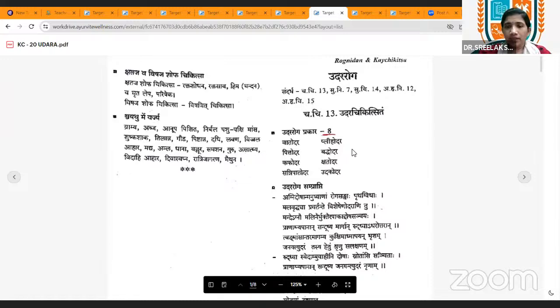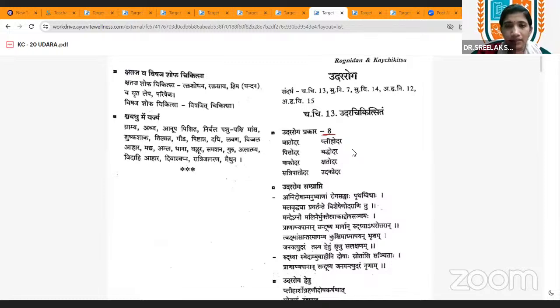Mainly coming to the Pragara of Udara, it is Ashtodari. The name of this Udara is Ashtodari, 8 in number. And what are the 8 types? Vata, Pitta, Kapha, Sannipata, and Pliha, Baddha, Shraddha, and Udagodara. Very important. The 4 extra types are Pliha, Baddha, Shraddha, and Udagodara.